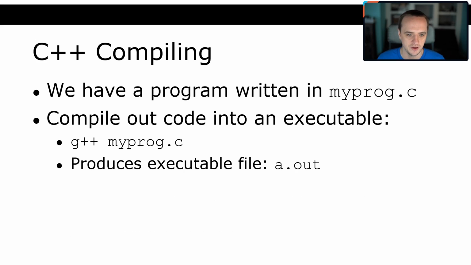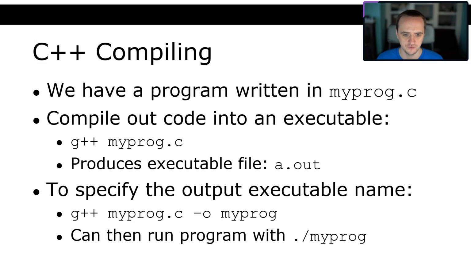So if you just type in g++ myprogram.c, it will by default produce an executable file called a.out. To specify the executable name, you can say g++ myprogram.c -o, for output, myprogram. And then you can run the program with ./myprogram. So this is if you're doing it with the command line. If you're doing it with Visual Studio, you just hit compile and run. It'll produce the executable file and it will run it for you.